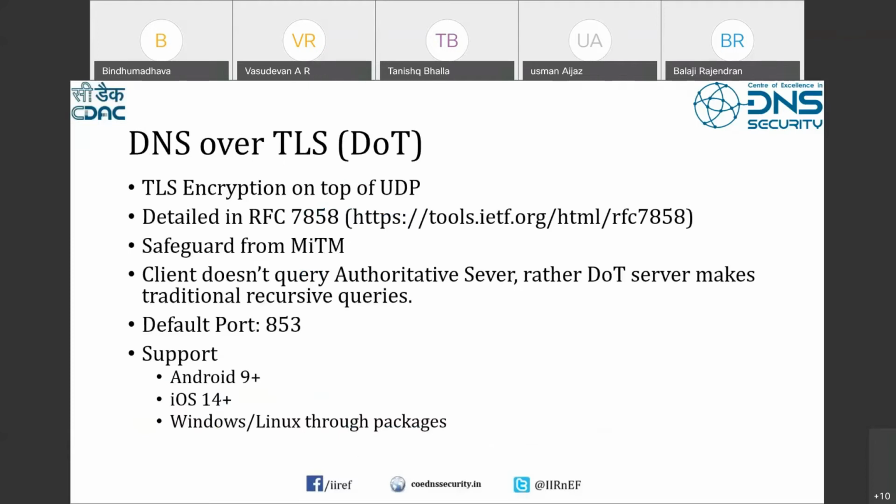Now, one important part in this is that when we use any DOT server or DOH server, we do not query the authoritative server directly. So the client doesn't query the authoritative server directly. Rather, the DOT server in turn makes the traditional recursive queries. So we'll see the flow in a while.